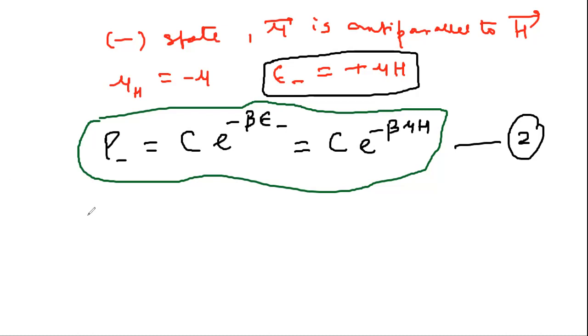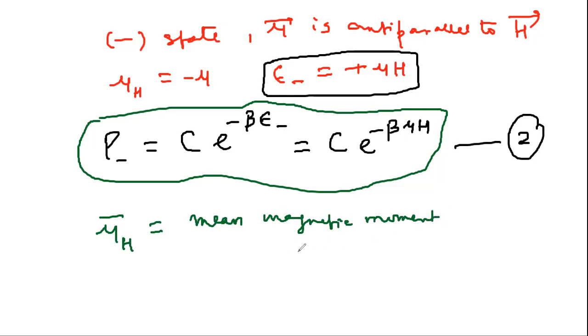We denote that by mu bar h. What is this? It is the mean magnetic moment of our atom under question.